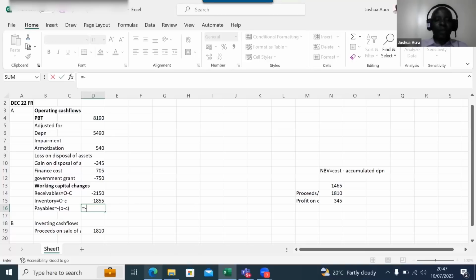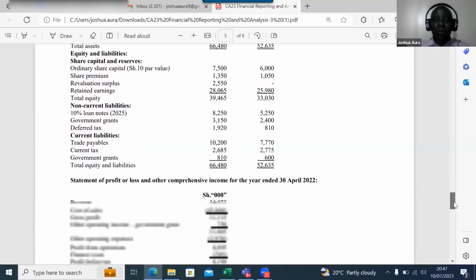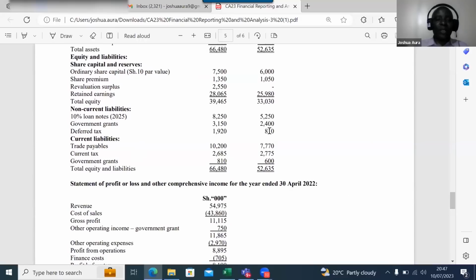If you come back here to your payables, you'll be able to see the payables and the liabilities. We have 7,700 minus 10,200. You subtract like that.